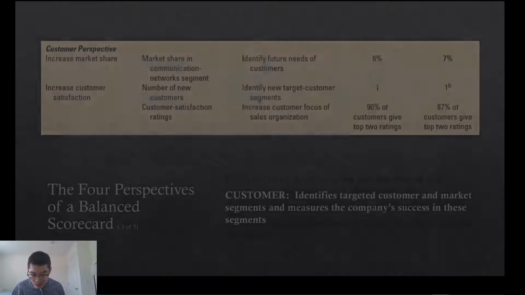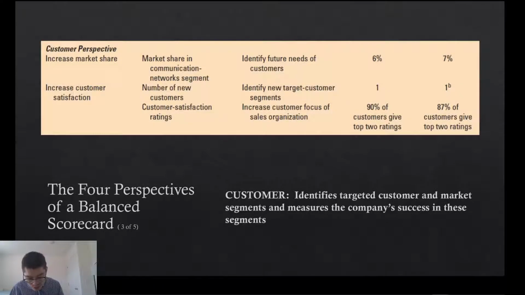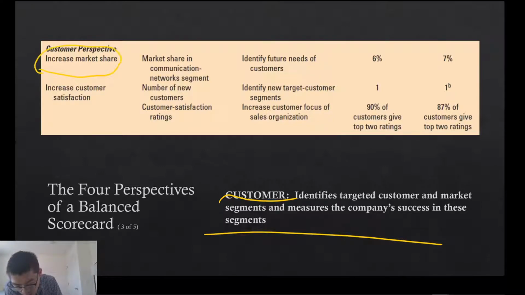So next is the customer perspective. Customer identifies targeted customers and market segments and measures the company's success in these segments. So we basically want to increase market share and increase customer satisfaction. First, we want to expand our markets.